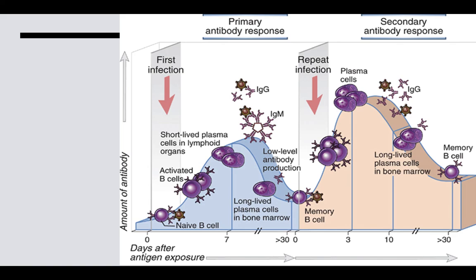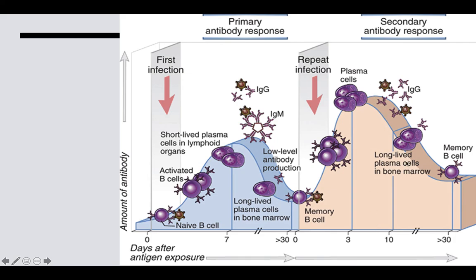These memory cells, after repeat infection, are now ready to produce antibodies or differentiate further, so that the necessary antibodies, especially of the IgG type, will be produced. At this state, you see that there is an increased rate of antibody production, therefore an increased immune response, at a shorter period of time.